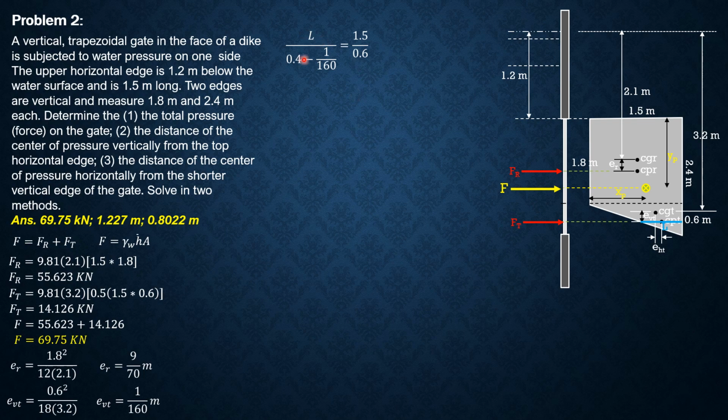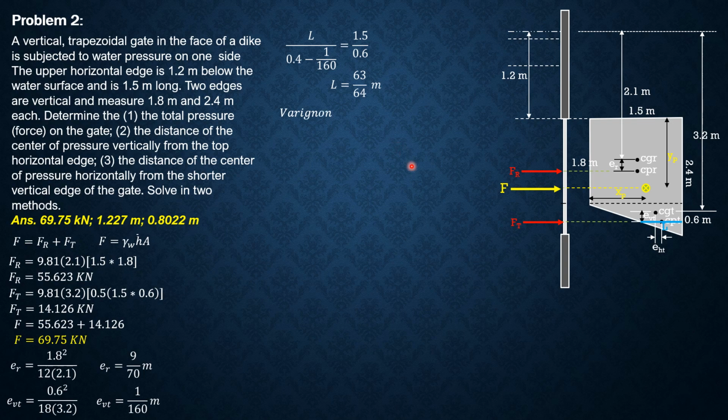So L as to 0.4 minus e vertical of the triangle, which is 1 over 160, equals 1.5 as to 0.6. Solving for L, it is equal to 63 over 64 meter. Therefore, the center of pressure of the triangular area has its distance from the shorter vertical leg equal to 1.5 minus half of 63 over 64, which is 63 over 128 meter, in our substitution later.